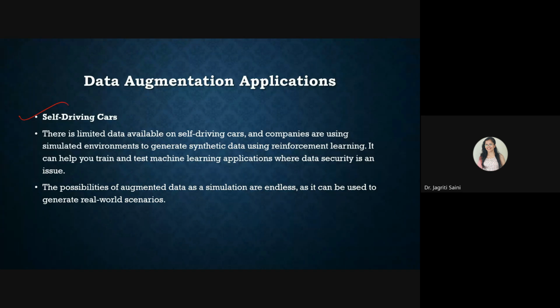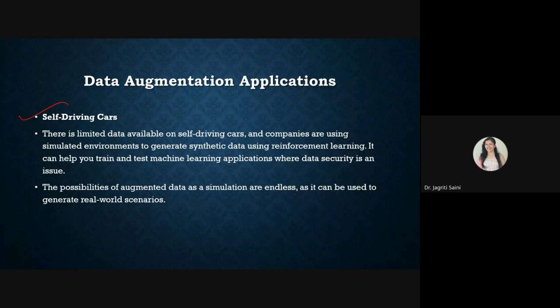Self-driving cars are also looking for robust models in this category. So data augmentation can be applied there, because self-driving cars may monitor a huge amount of data from routine traffic or road conditions, but people will not be ready to share that data set, because that involves privacy concerns.